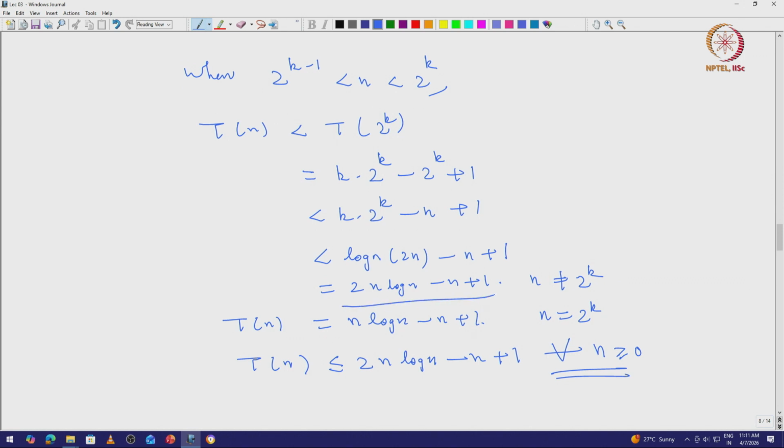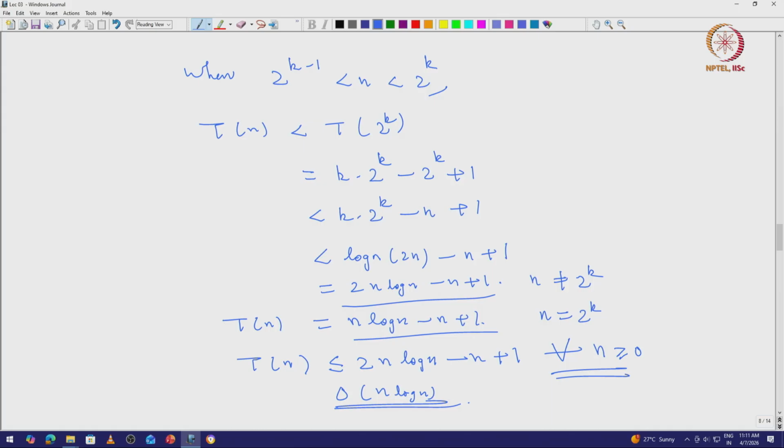Consolidating, it will be less than or equal to 2n. That shows T of n is order n log n. Very important conclusion: T of n is order n log n.